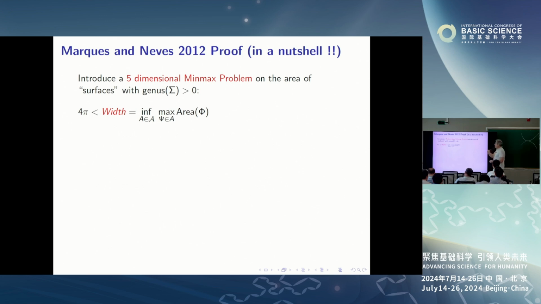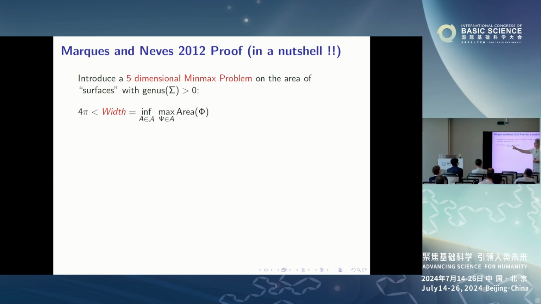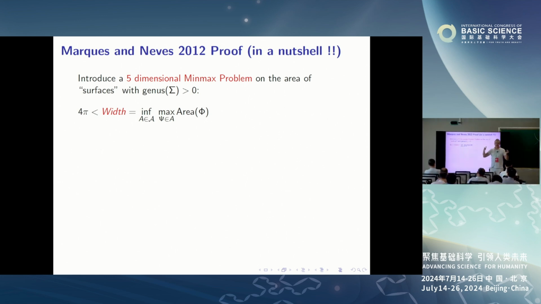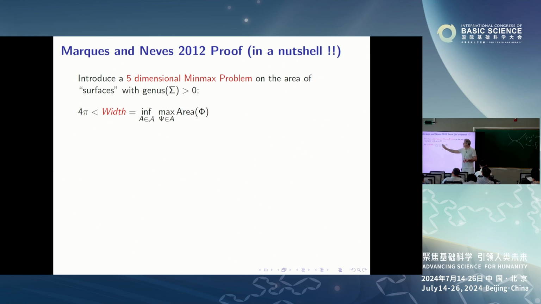And you look at all possible paths with some boundary conditions. I'm not going into that. And you look at the optimal way to realize this. So you look always at the saddle point, the maximum, and you minimize it. And what they proved is that it is realized, what is called the width, by reference to sweep-outs of bodies.